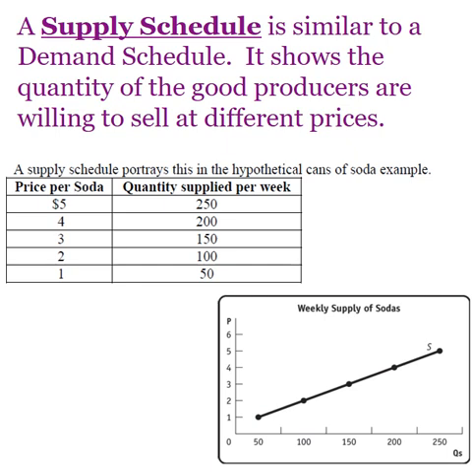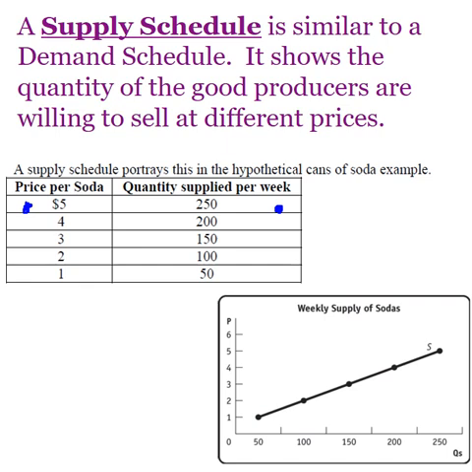Now, since we learned that producers respond to profits, as the price of a good falls, producers will want to supply less, which we can see in this supply schedule. So at $5 per soda, that's the highest price offered here, and producers are going to love the high price, and they're going to supply as much as they can. So in this case, if they're able to sell soda for $5 a piece, they're going to supply 250.